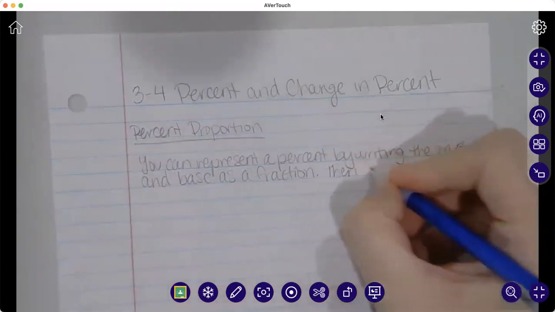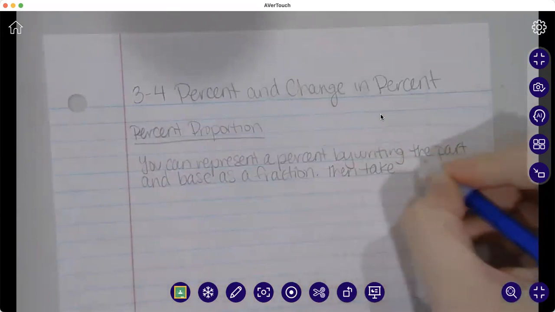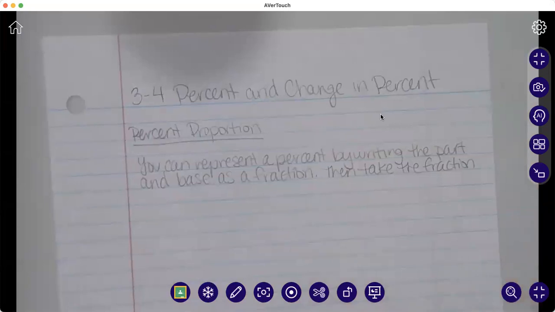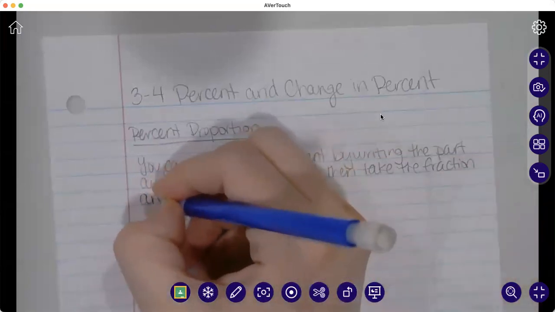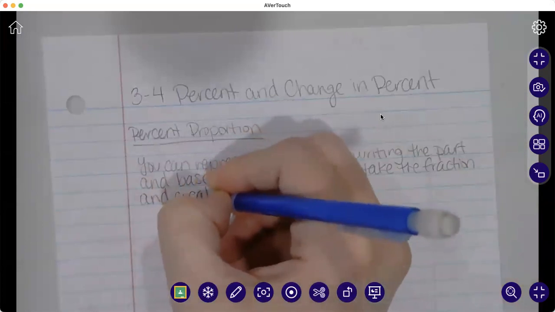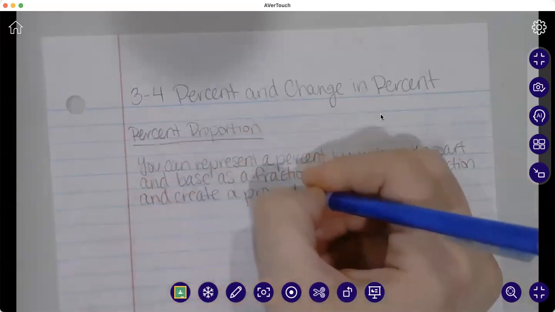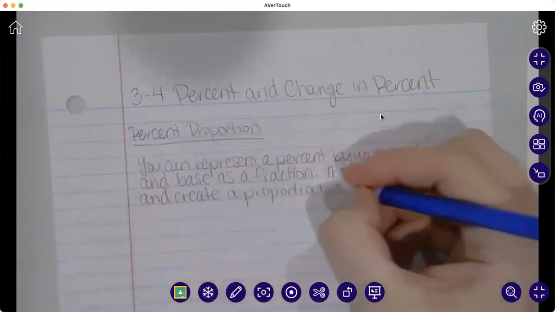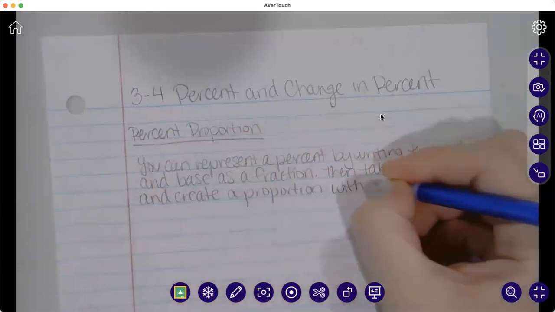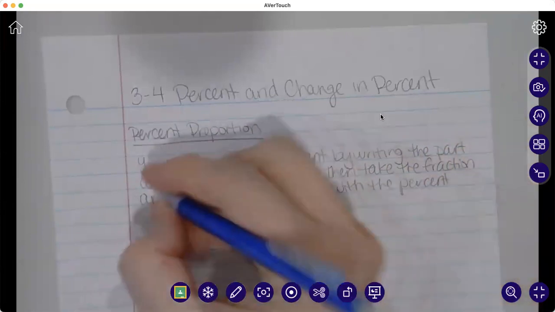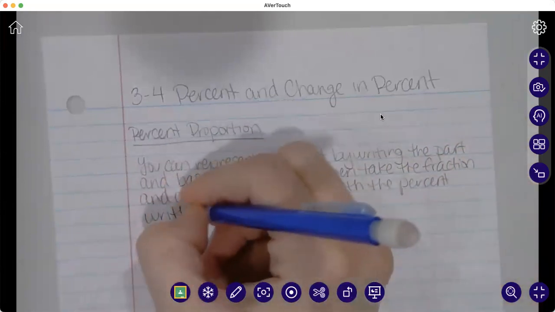Then we will take the fraction and create a proportion with the percent written as a fraction as well.